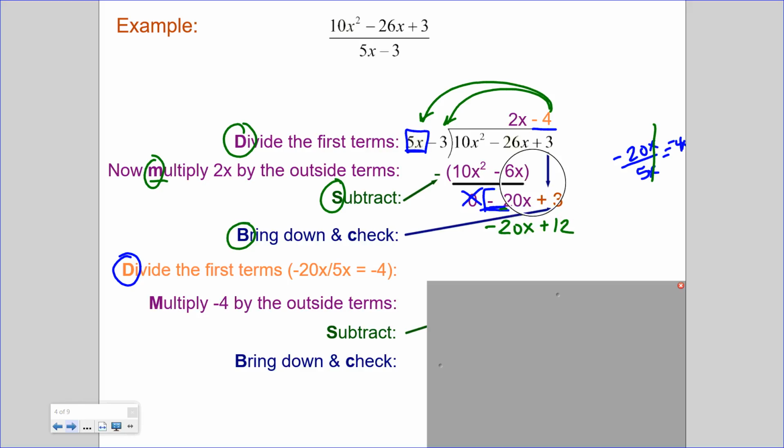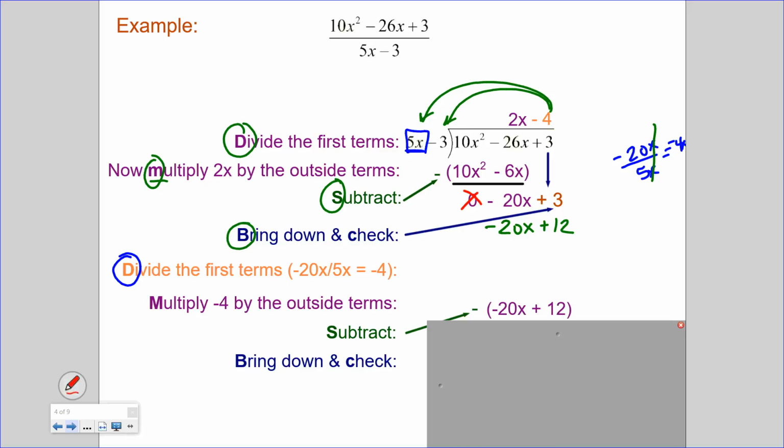Let me erase some of this so it's a little cleaner. Once we have done that multiply, you will subtract what you got. I've spaced it out so it matches up with my wording on the left, but you would naturally put it right underneath as I showed you.